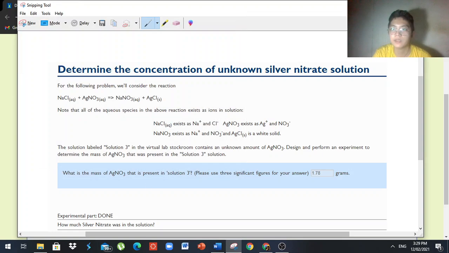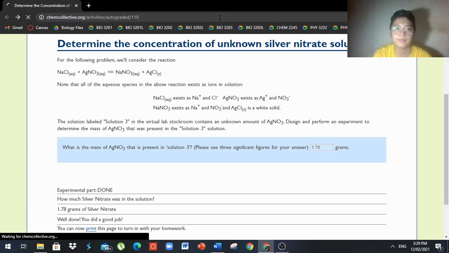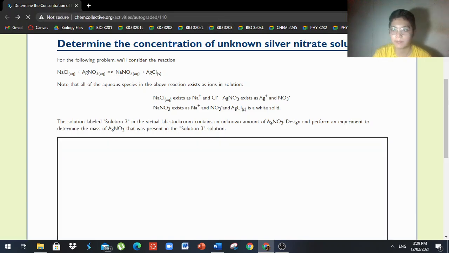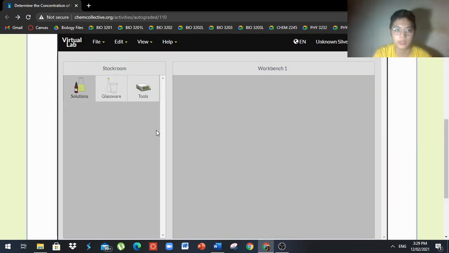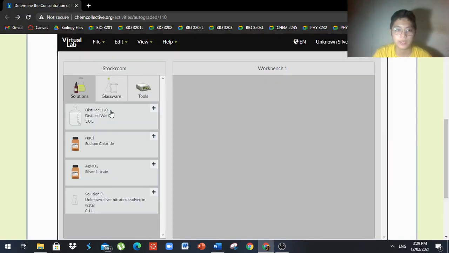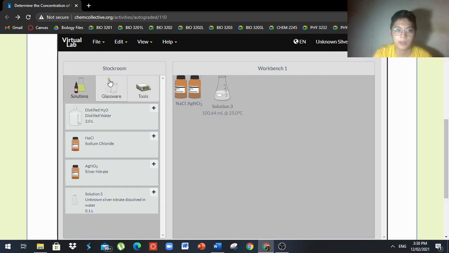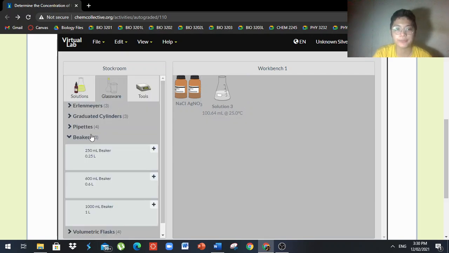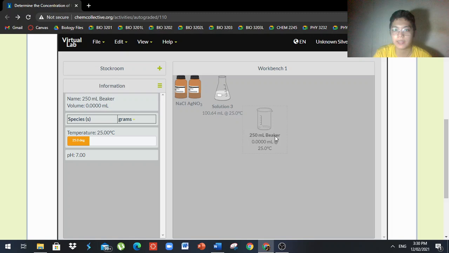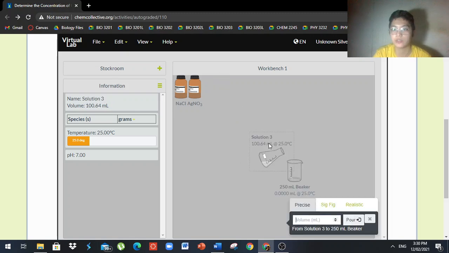After that, we're going to have the second trial. With the same kind of process, we're going to need the NaCl, the AgNO3, the solution 3, and the beaker as well, about 250 ml. After that, pour the solution 3, 10 grams.